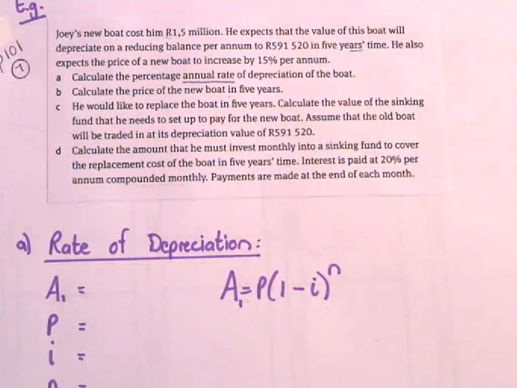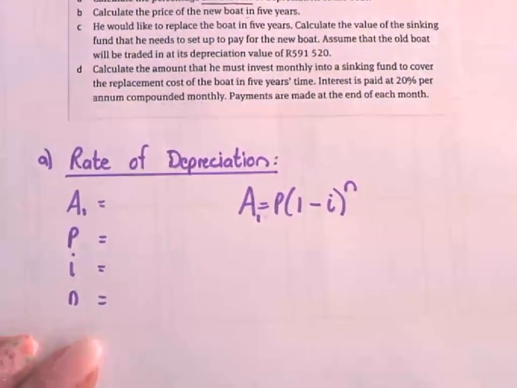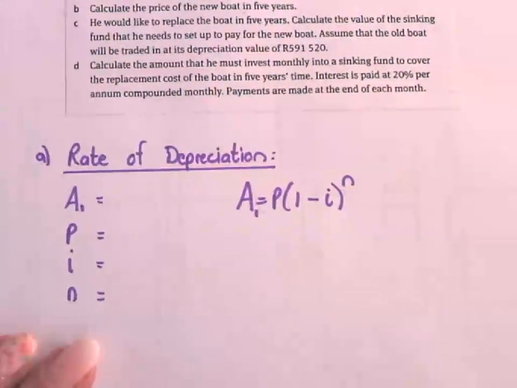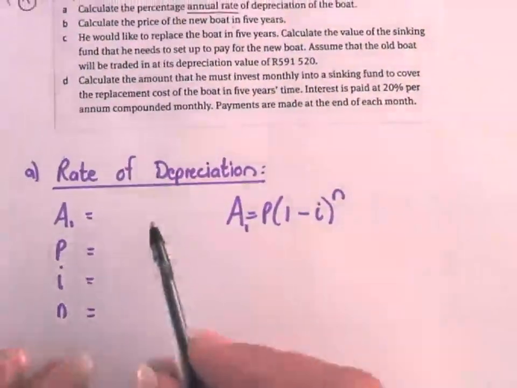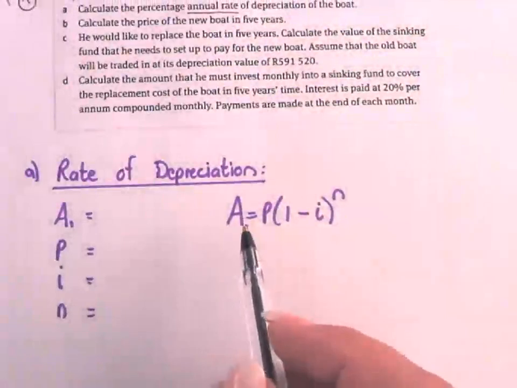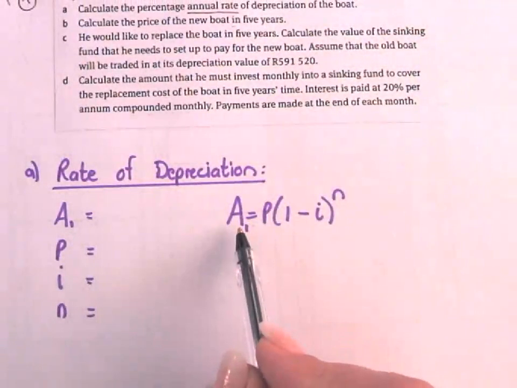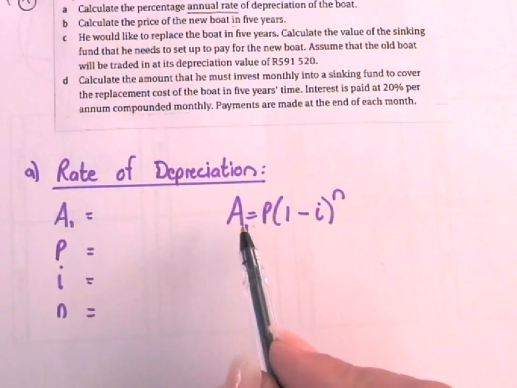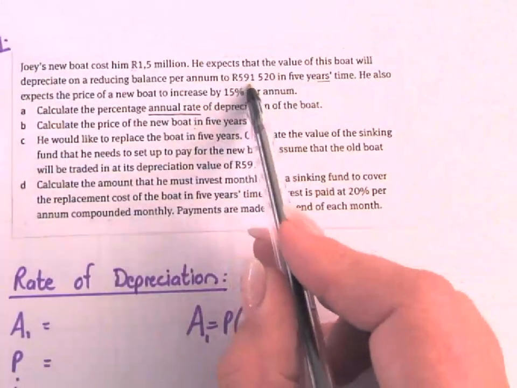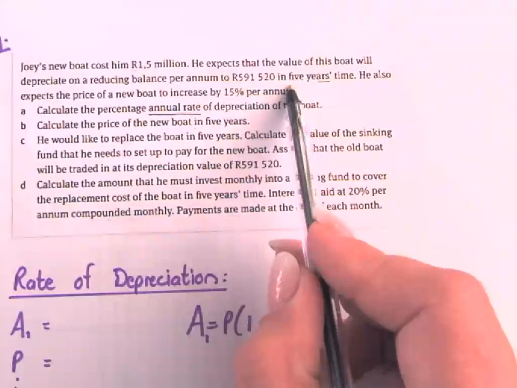Rate is not I, rate is R. Okay. Rate of depreciation. We know that the value of this boat will be at the end 591,520. So that will be A.